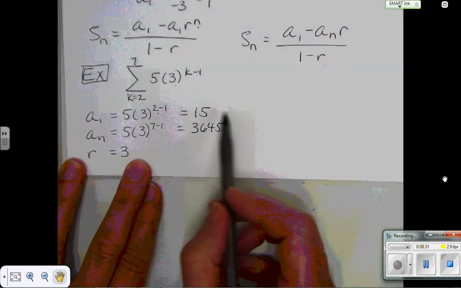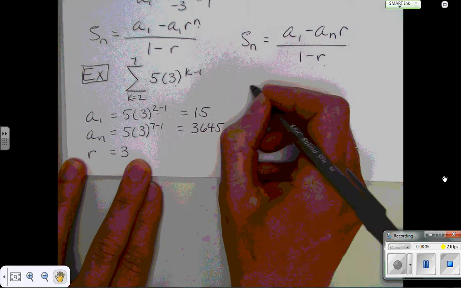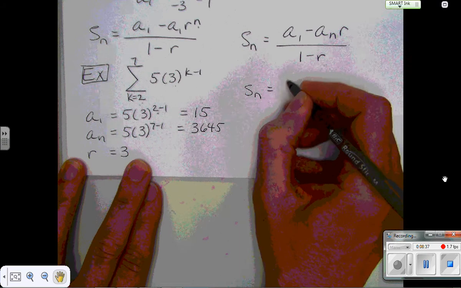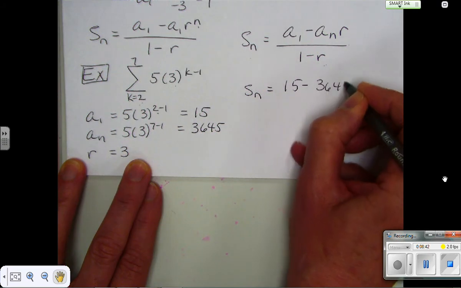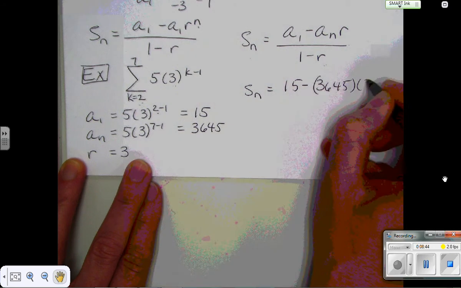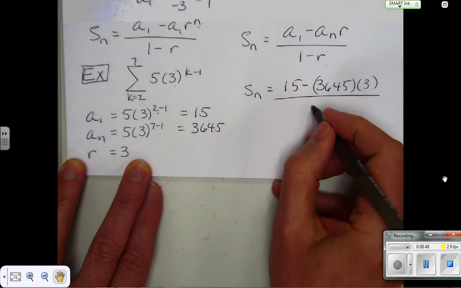Okay, so now I'm going to take my values and plug them into this second equation. The sum is going to be a sub 1 minus a sub n times the rate, which is 3, all over 1 minus 3, and that's going to be a negative 2.